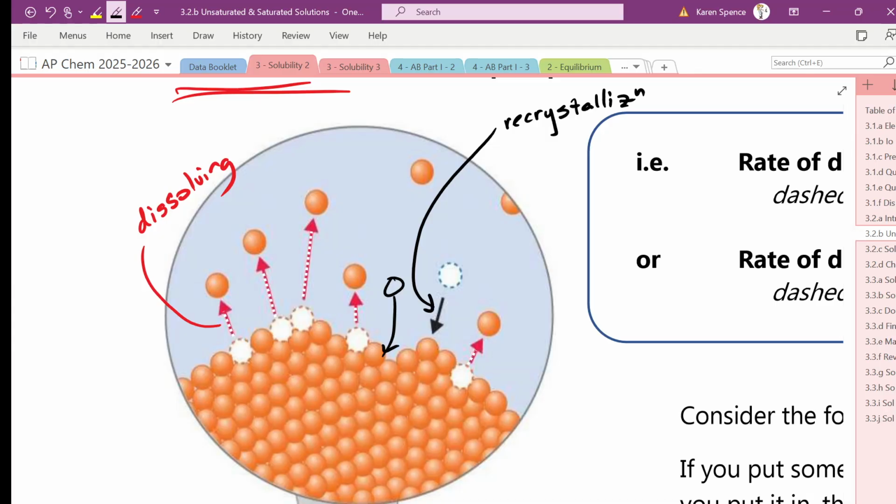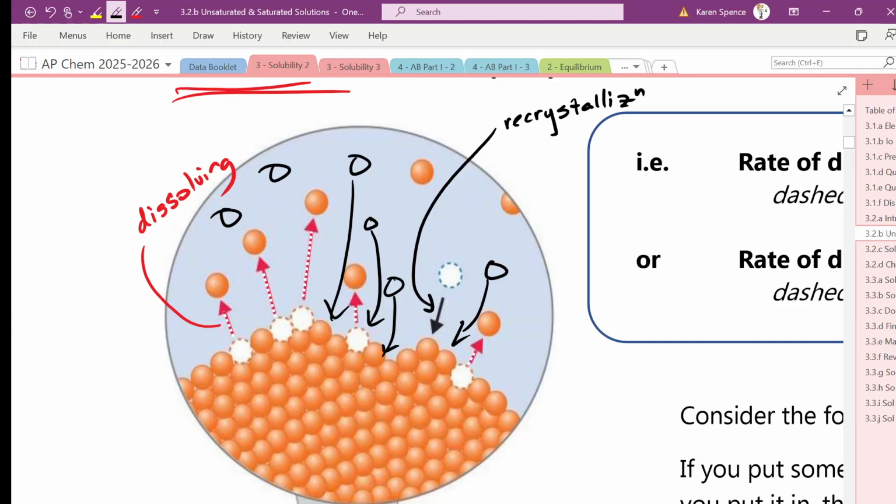Until you have saturated this solution, the dissolving is faster than the recrystallization. But as you saturate it, you're going to get more recrystallization. Yes? Don't draw this on your picture. It makes the whole thing yucky.